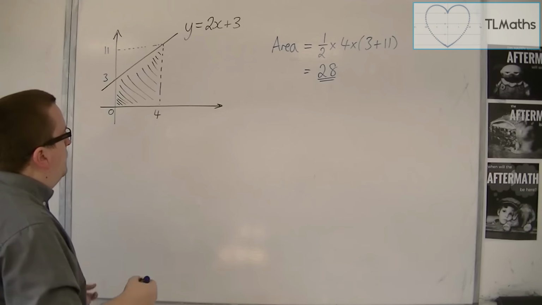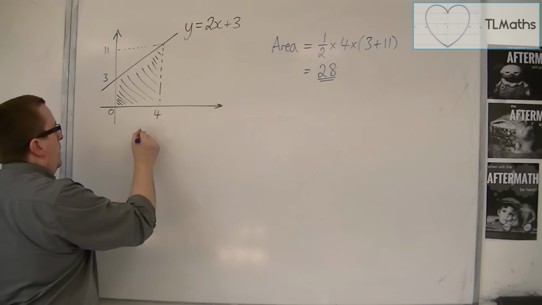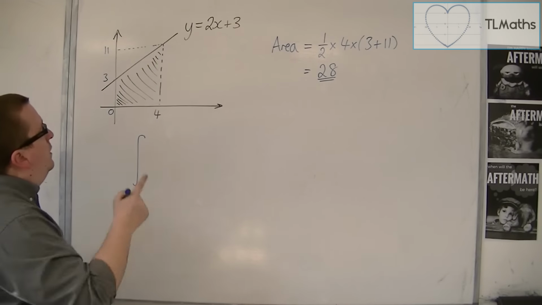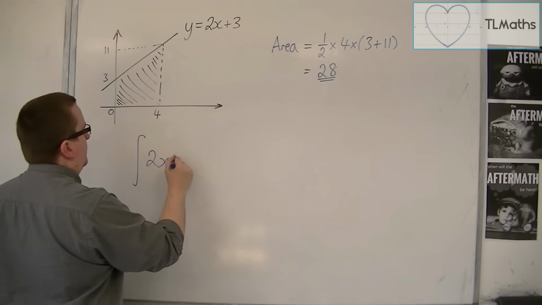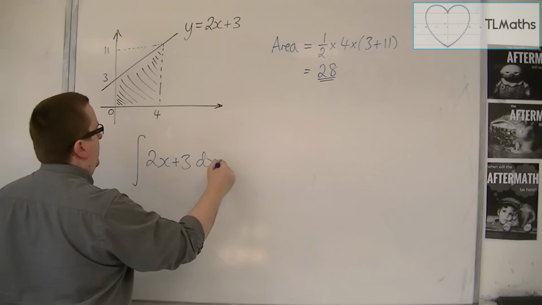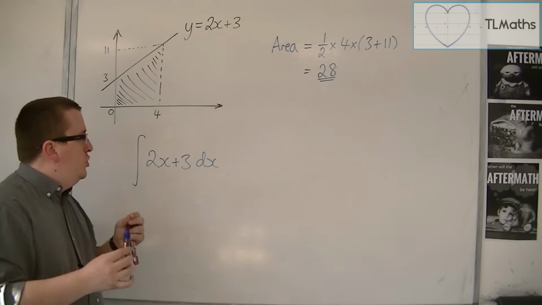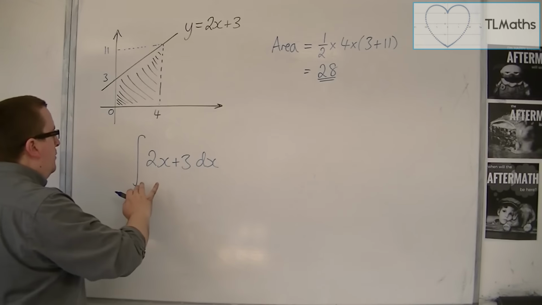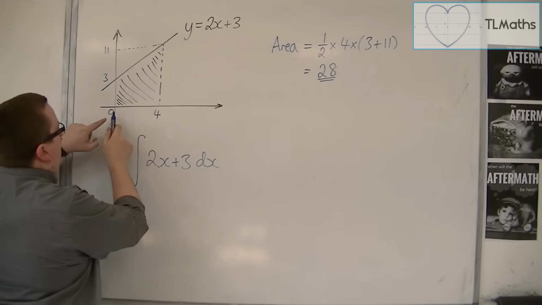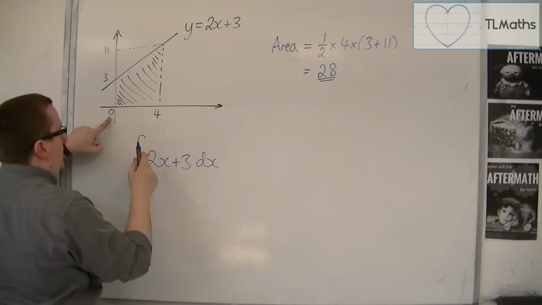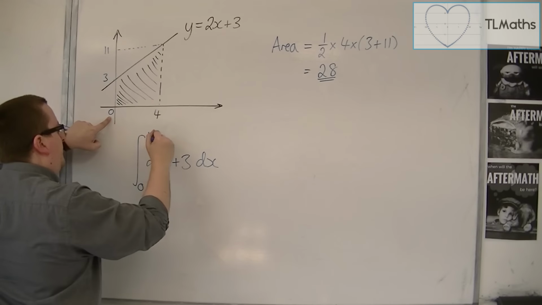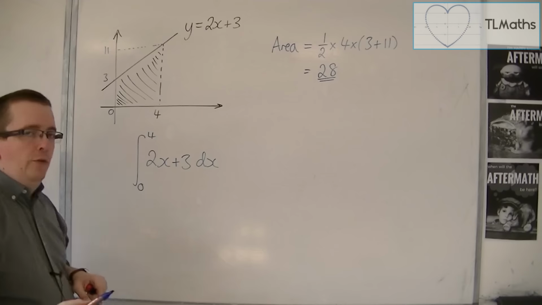So, I will be integrating 2x plus 3 with respect to x, okay? And this is where things are going to change because I'm going to put the x values that I'm integrating between as limits on the actual integral symbol.